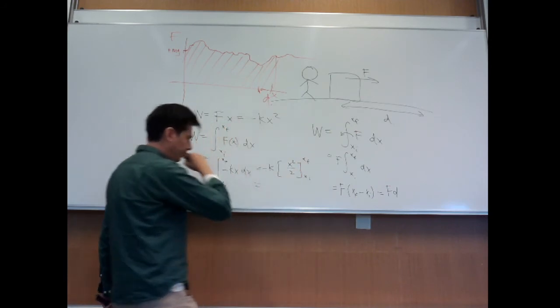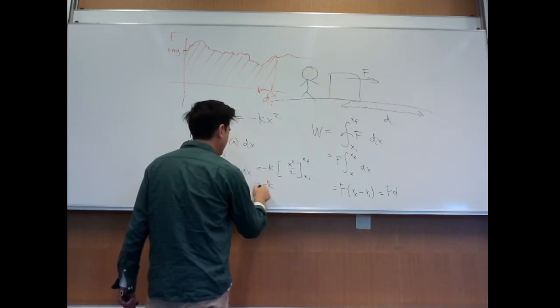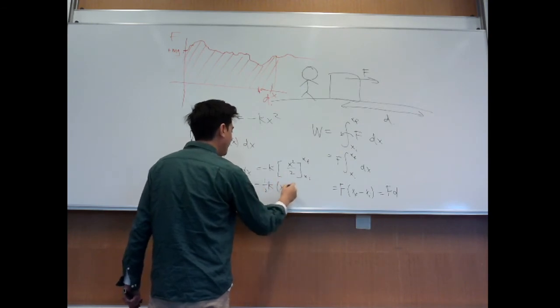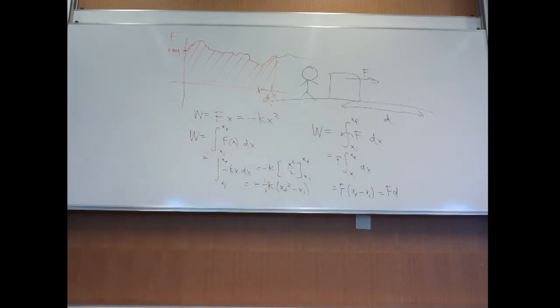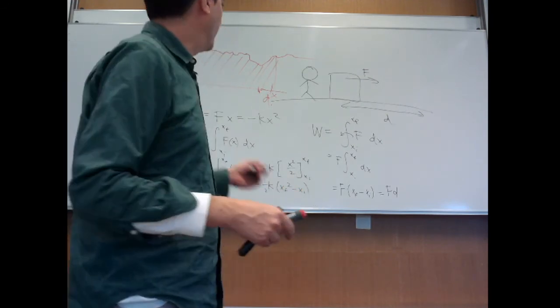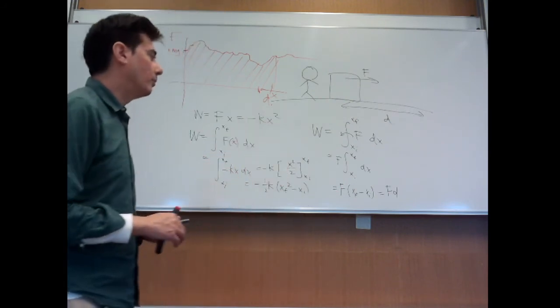We do that. So half minus k times xf squared minus xi squared. So that's how you get this relation, basically by putting it into the more general work formula, which is the integral of force times distance.